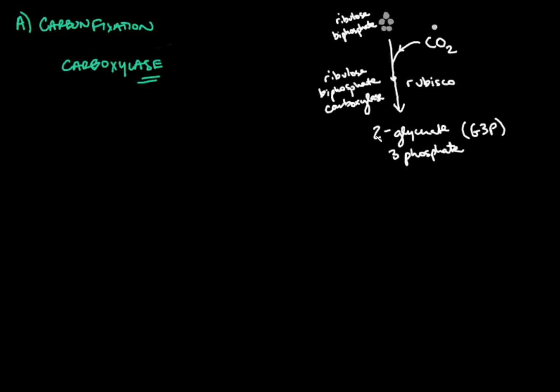Okay? But we get 2 of them, and each one of those has 3 carbons. So we end up with 2 3-carbon structures. That still accounts for all 3 of our carbons, right? So then there's a series of reductions that happen.